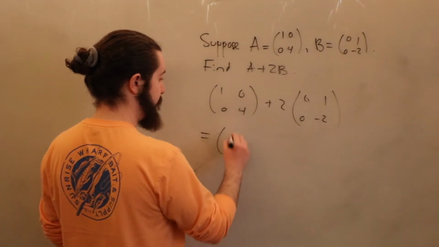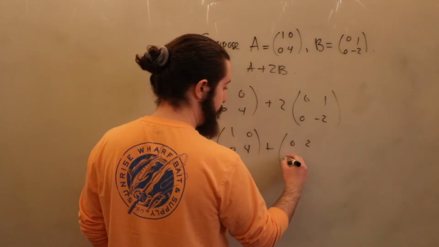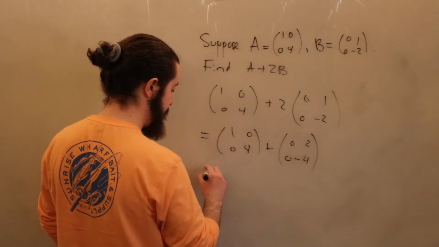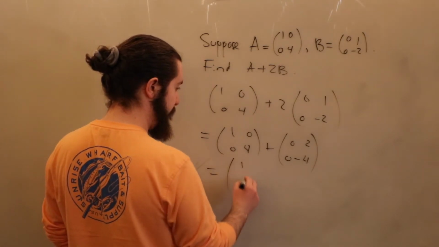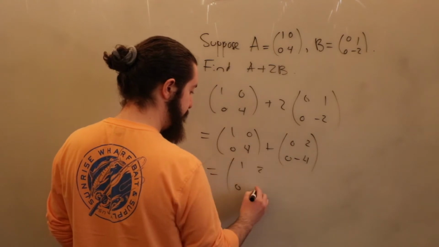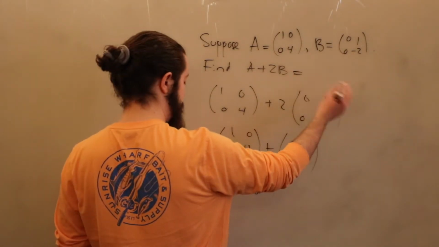So this is going to be equal to [1, 0; 0, 4] plus [0, 2; 0, -4]. Now we add element by element. In each position we get 1, 2, 0, and 0. And that is A plus 2B.